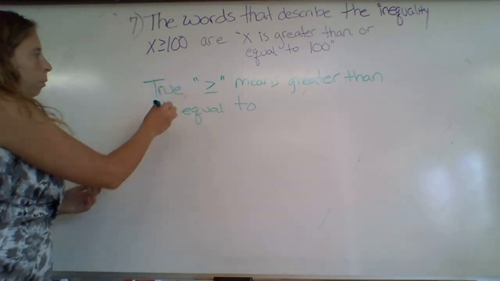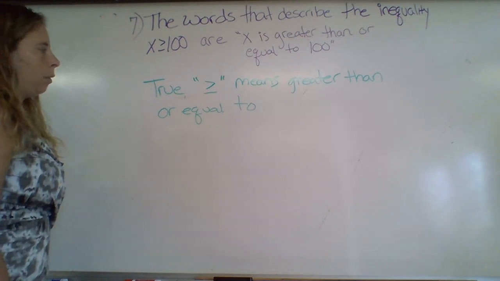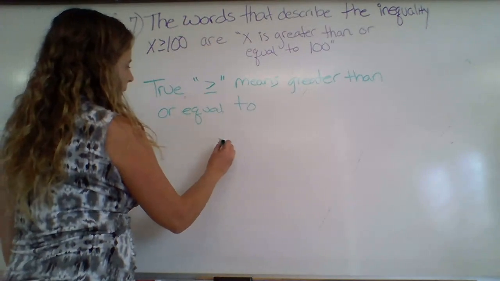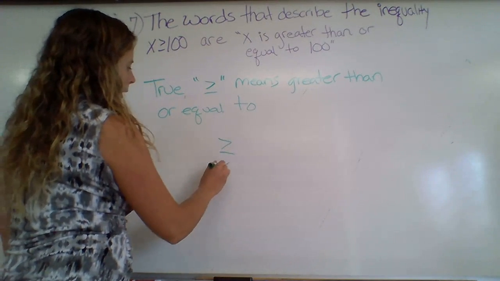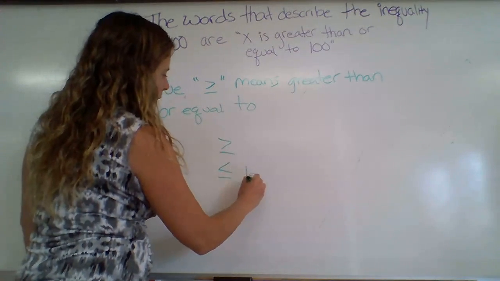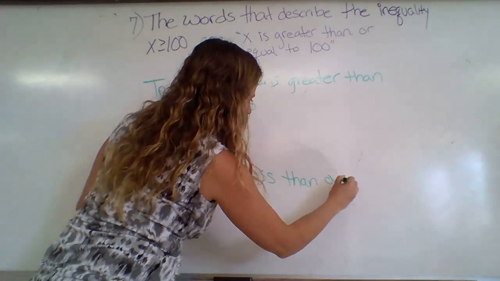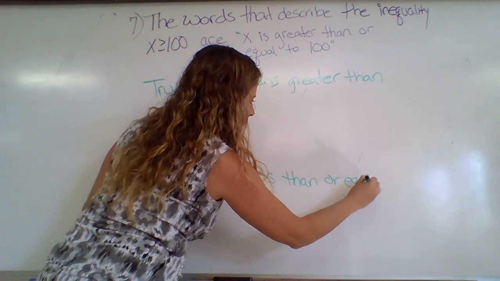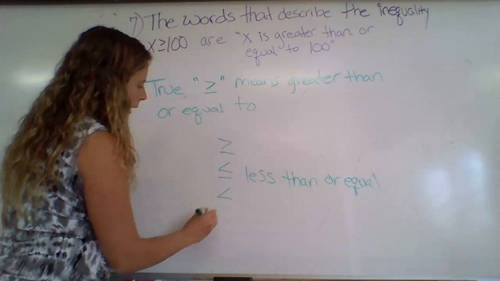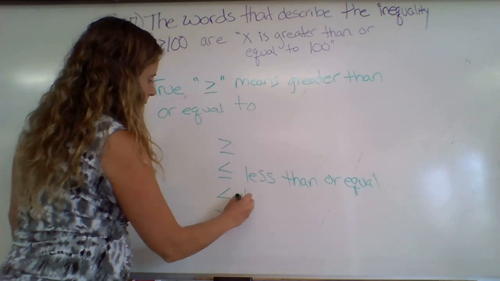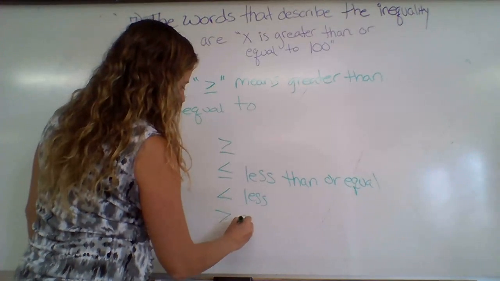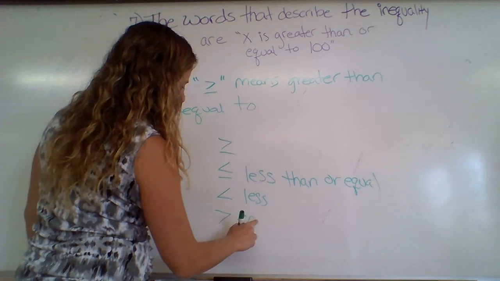So true, that means greater than or equal to, right? This is greater than or equal to, this is less than or equal, and then of course this is less than, greater than, less, greater.